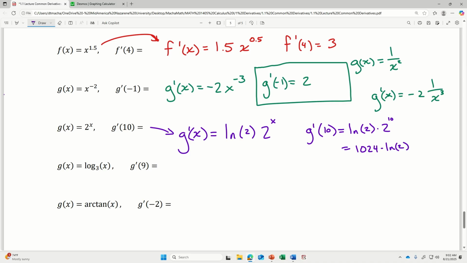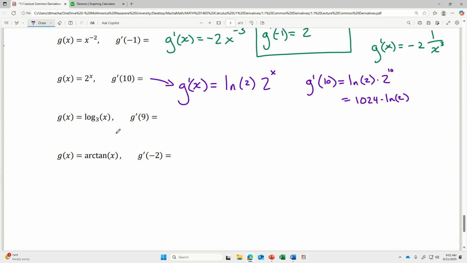Or, perfectly acceptable, I said on your tests you can use a TI-30X2S calculator. Pull out your calculator and just type in natural log of 2 times 2 raised to the power 10. And it tells me that's 709.8. Cool.